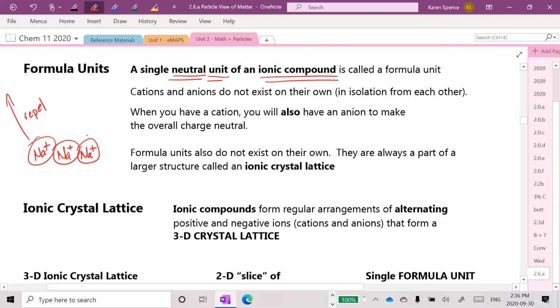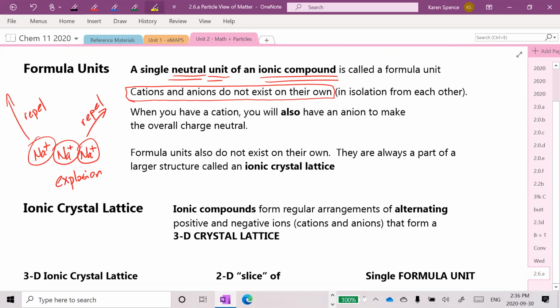And they would fly apart. You would get a big explosion actually. And that is why cations and anions do not exist on their own. They have to be with each other because they stabilize one another, okay? Wherever you have a cation, you will always have an anion. And it will make the overall charge neutral.